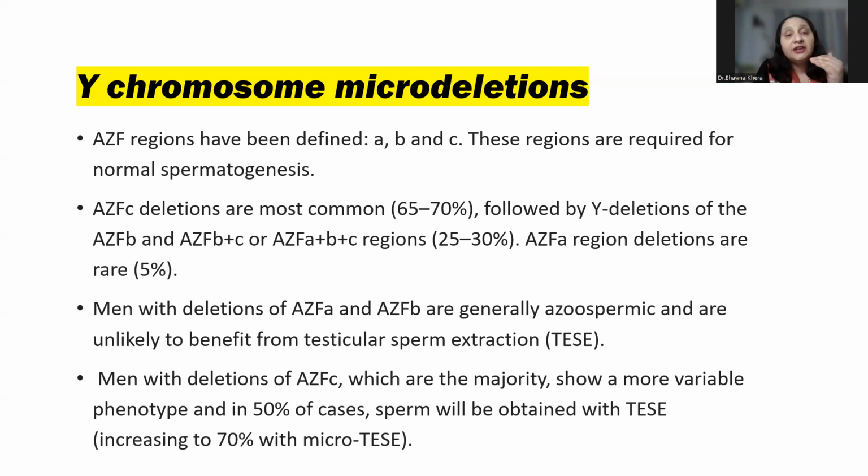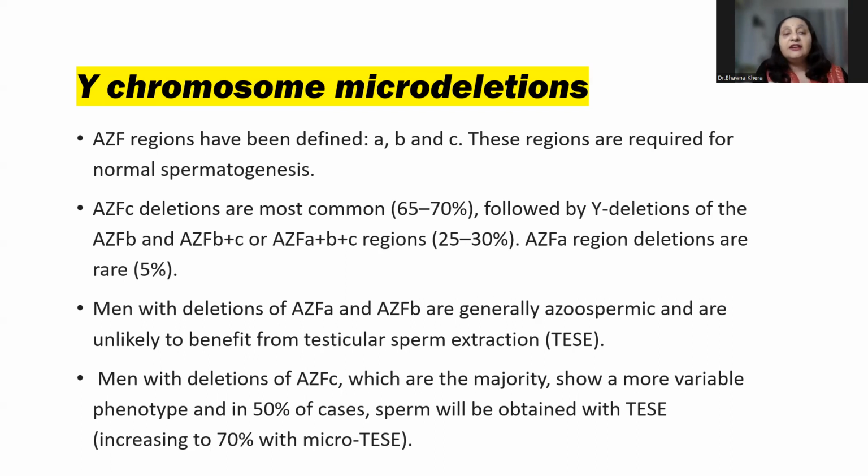So therefore, in these severe problems, it is very important that you rule out genetic conditions first, so that whatever sperm you are giving to the offspring should be a healthy sperm. So Y chromosome microdeletions should be looked into in those cases where there is severe oligozoospermia or azoospermia.